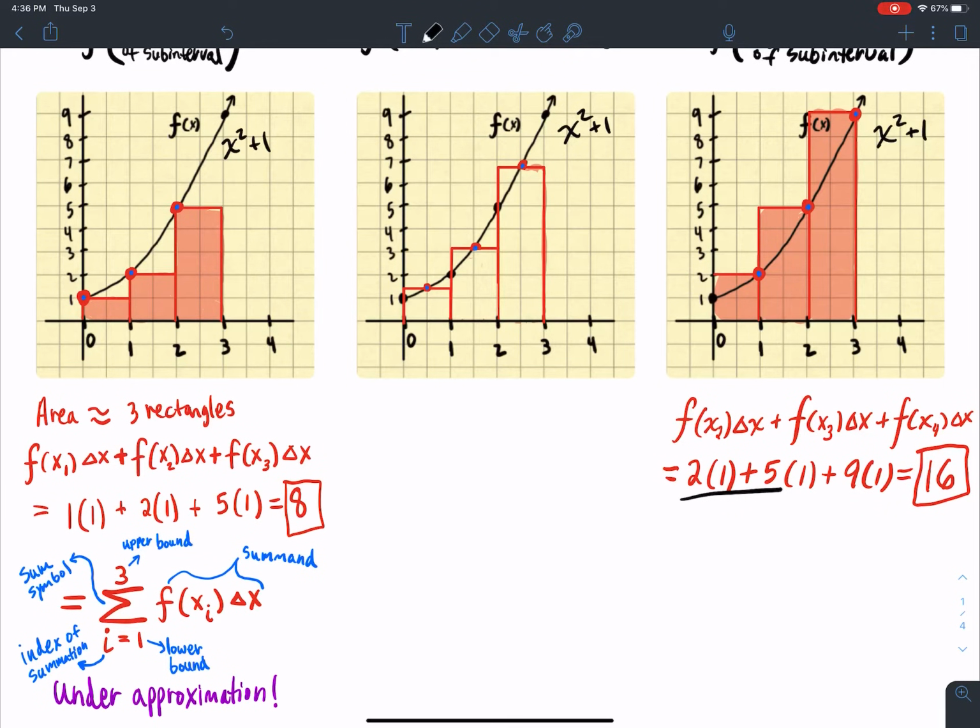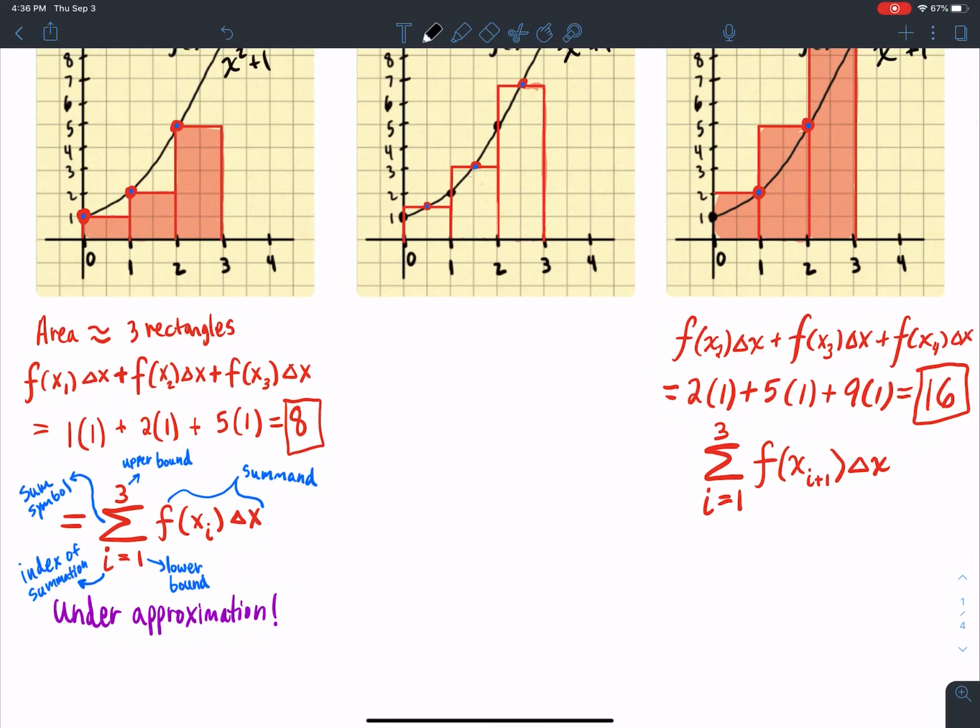So the sum formula here is the sum from i equals 1 to 3 of f of x sub i plus 1 times delta x. What's the difference between this one and this one?